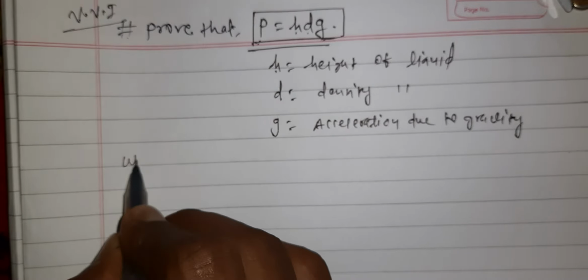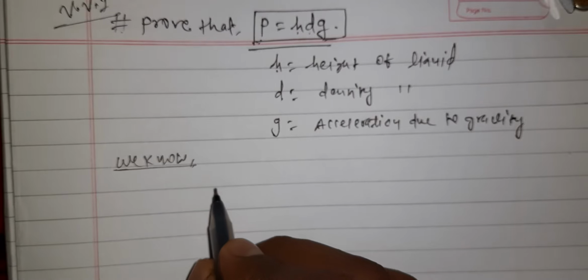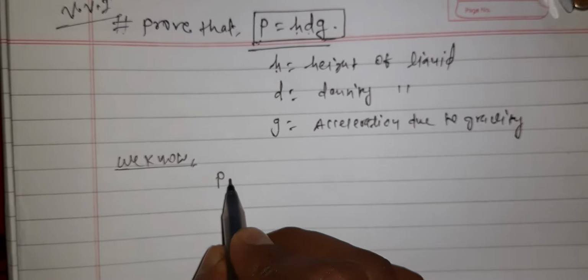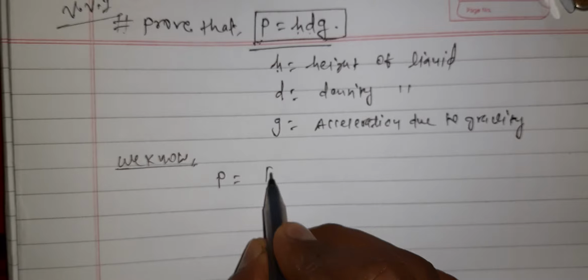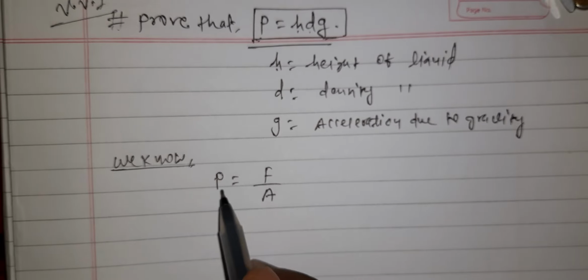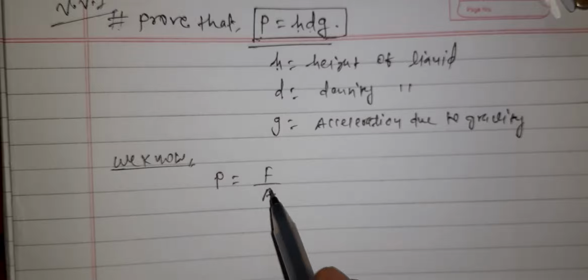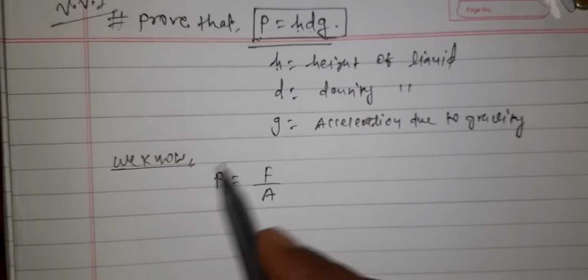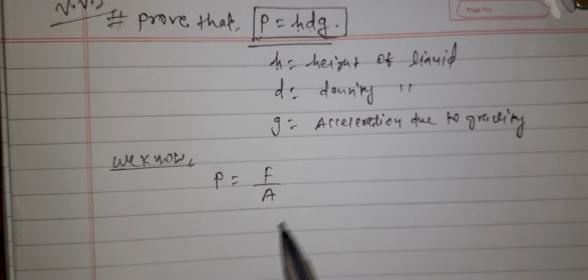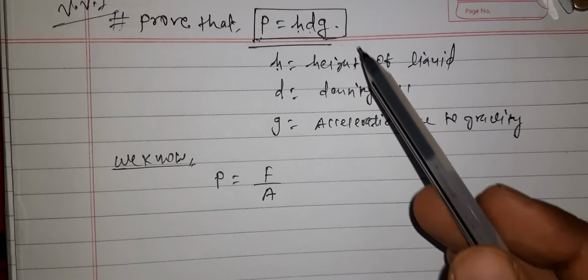We already know that P is equal to F by A. P is equal to F by A means pressure is the ratio of force applied on the body to the per unit surface area. This is called pressure. So by taking this formula we can prove P is equal to hdg, which is the necessary topic.